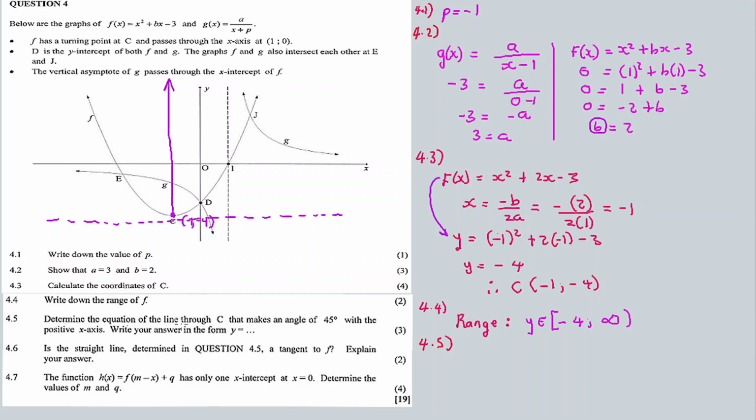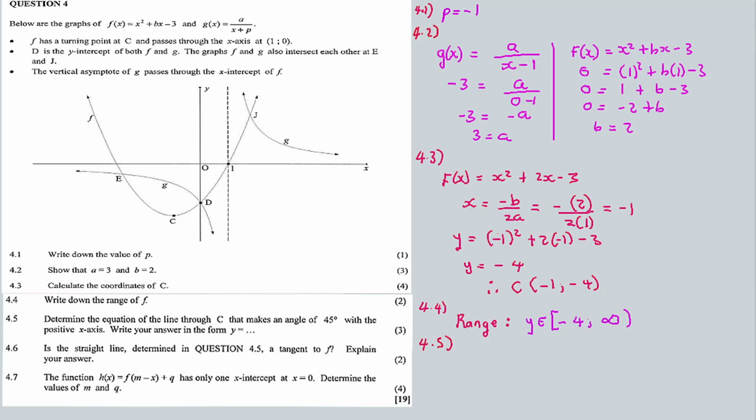Determine the equation of the line through C. Okay, alright, let me erase this. The axis is no longer useful to us. Now 4.5.